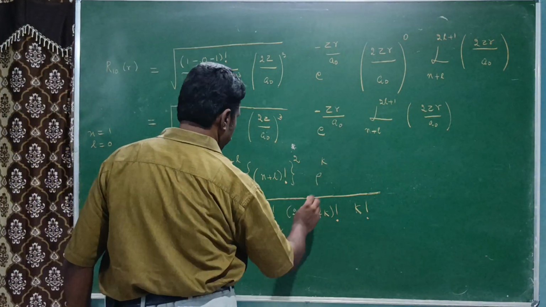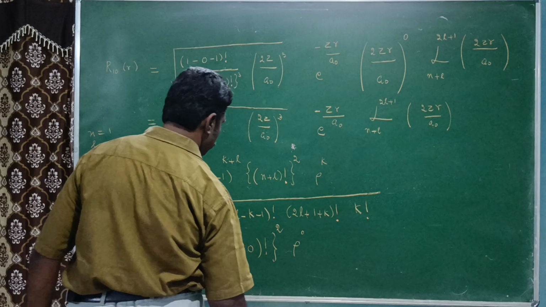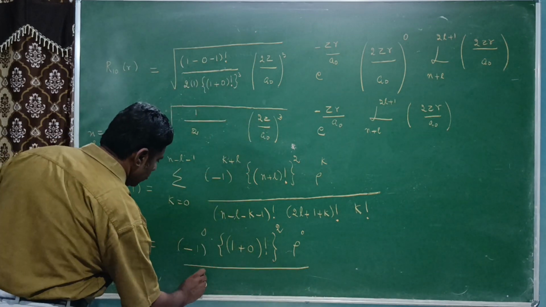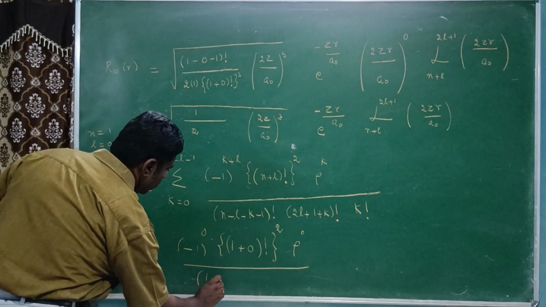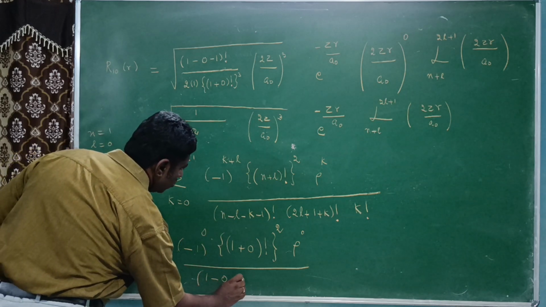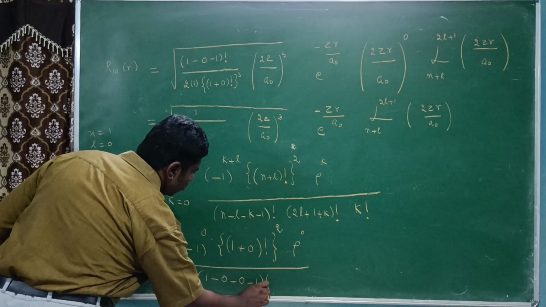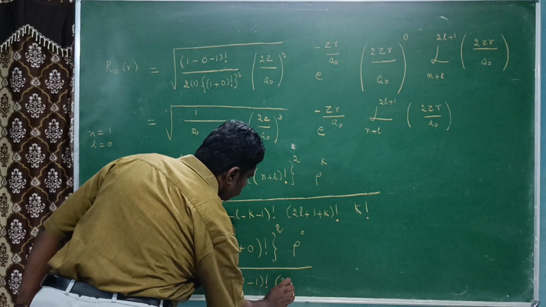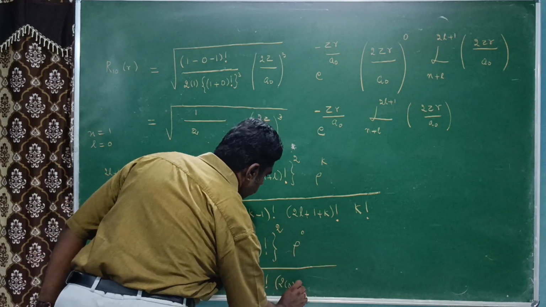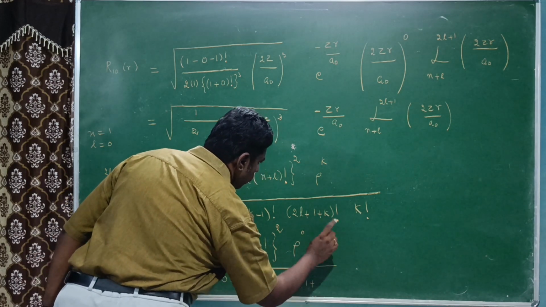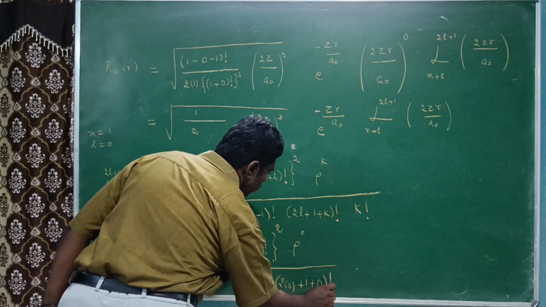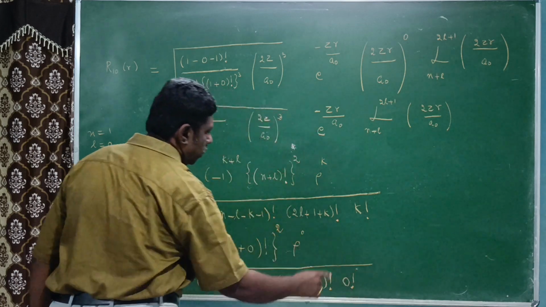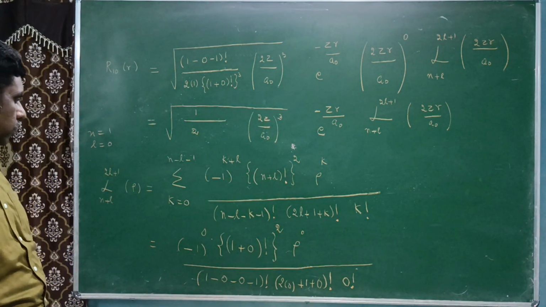Here rho power k, rho power 0, whole divided by n equal to 1, l equal to 0, k equal to 0, minus 1 factorial. Here 2 into 0, l equal to 0, plus 1, plus the value of k is also 0, entire factorial, into 0 factorial.